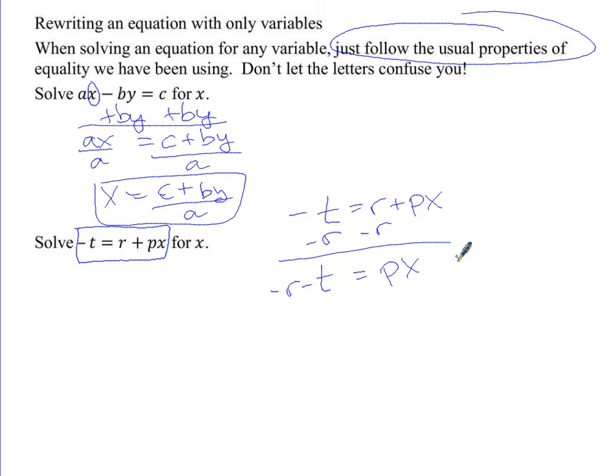Yep. This is p times x. So we need to undo that by dividing by p on both sides. So on the right, I'm left with x, which is my goal, so that's good, equals the negative r minus t, all divided by p on the left.